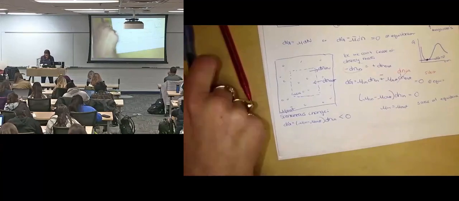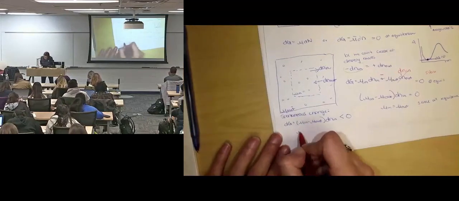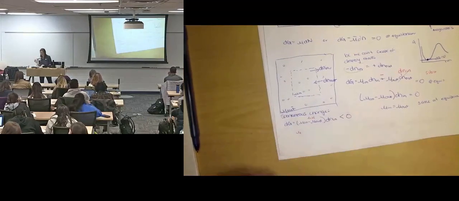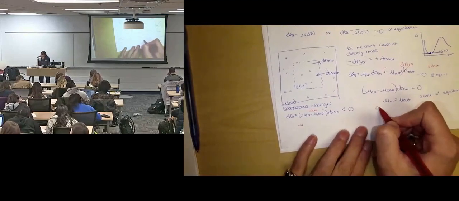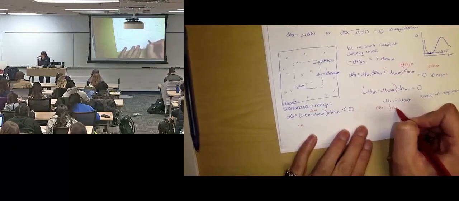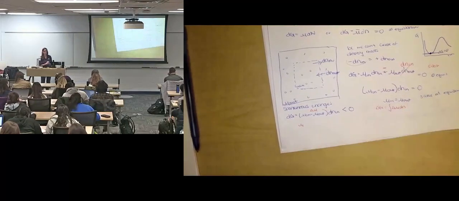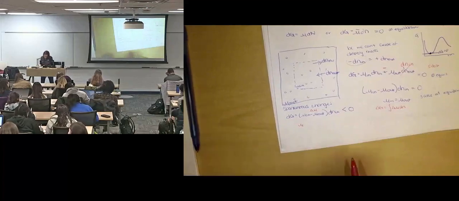Okay. This is also delta mu. I think this is how you'll see it on your equation sheet. You might see it like this too. Delta mu dN.